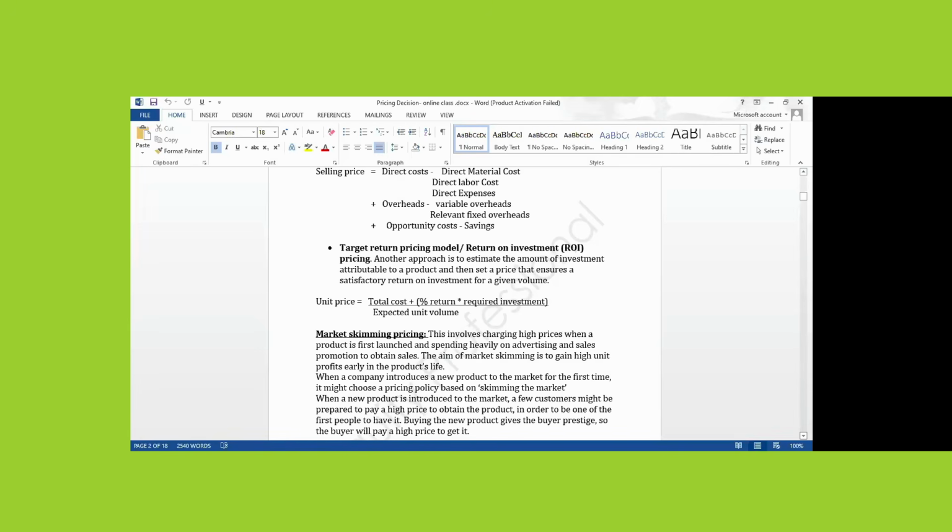In addition, a target percentage return on investment will be added to the total cost of the product, so as to arrive at the selling price.